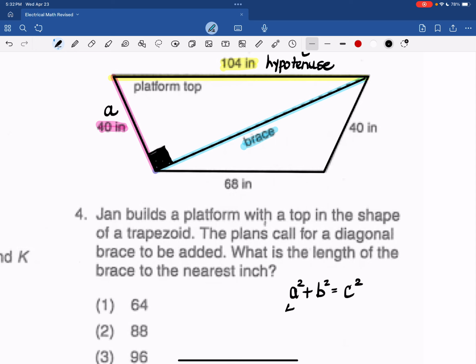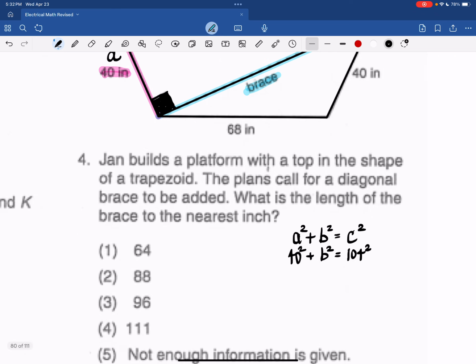Where A squared plus the brace squared is the hypotenuse squared. 40 times 40, that would be 16 with 2 zeros. We don't know the brace, so just leave it alone. Let it keep falling down, because we definitely don't want to lose it.